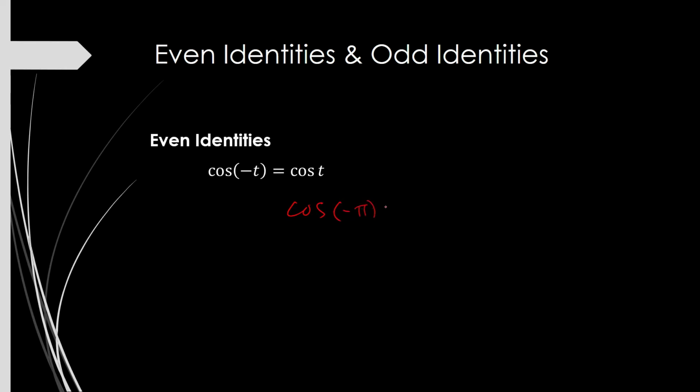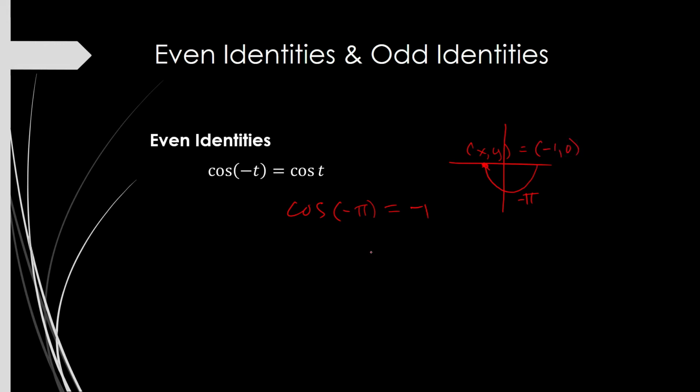If this is your rectangular coordinate system, you will trace an angle in your unit circle whose radian measure is negative pi, because this is done in the clockwise direction. You will pay attention to the x coordinate of that point, and that x coordinate is actually negative 1.